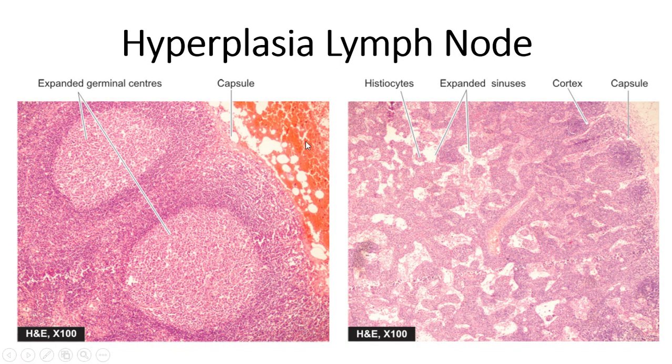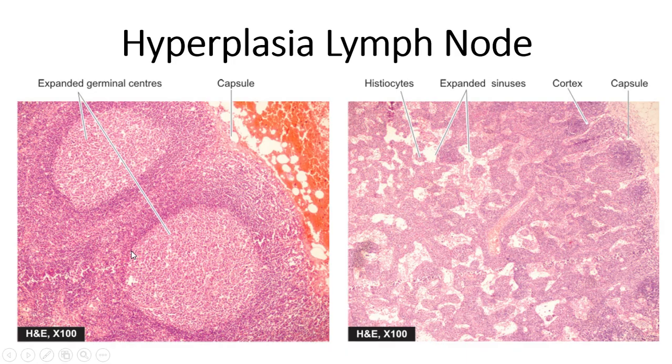The cortex is composed of lymphoid follicles, meaning follicles that consist of lymphoid cells, lymphocytes and other cells related to lymphocytes, as well as macrophages.